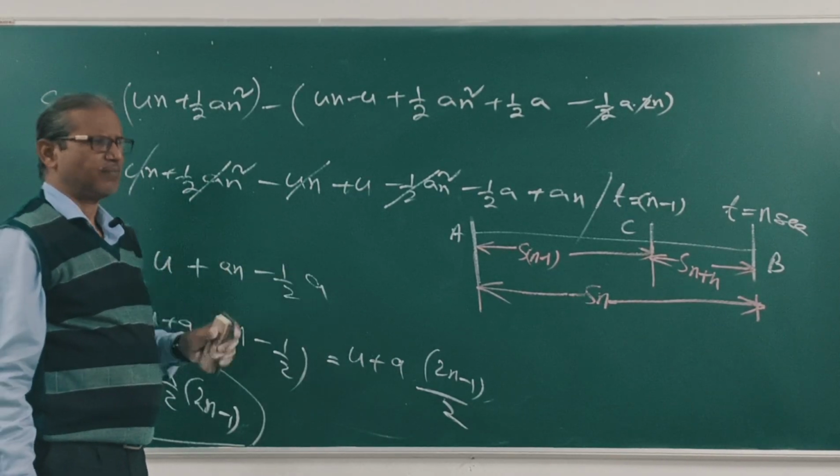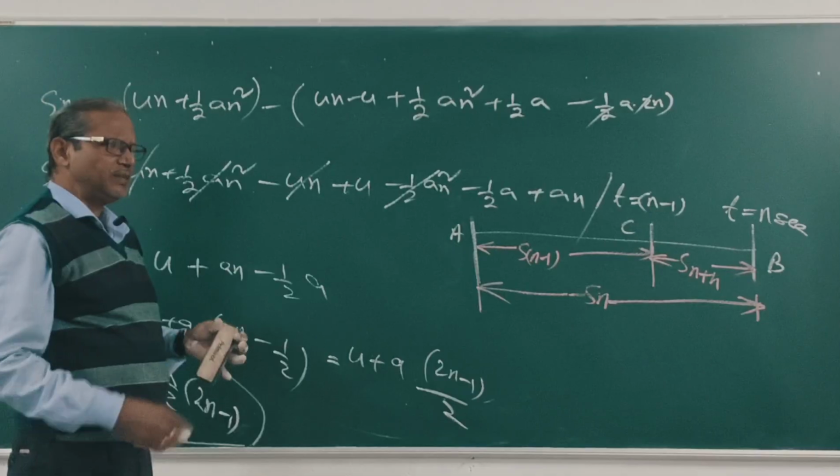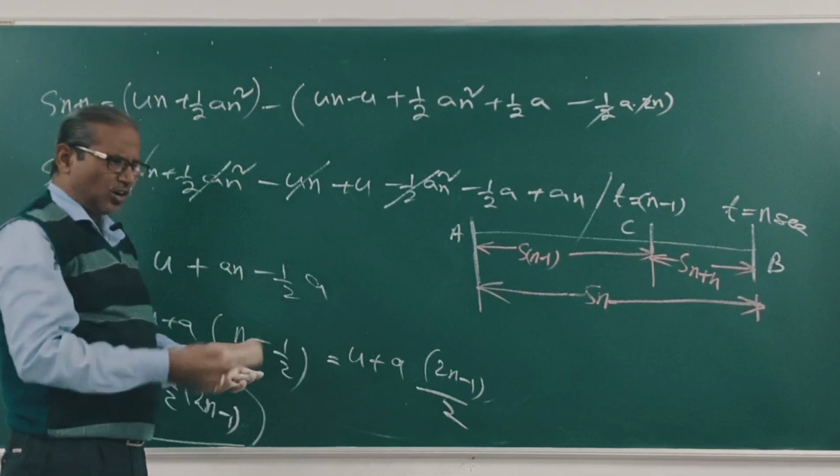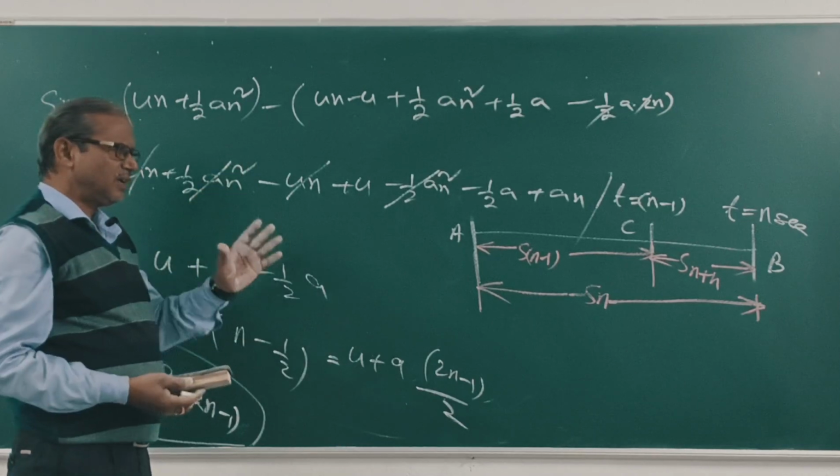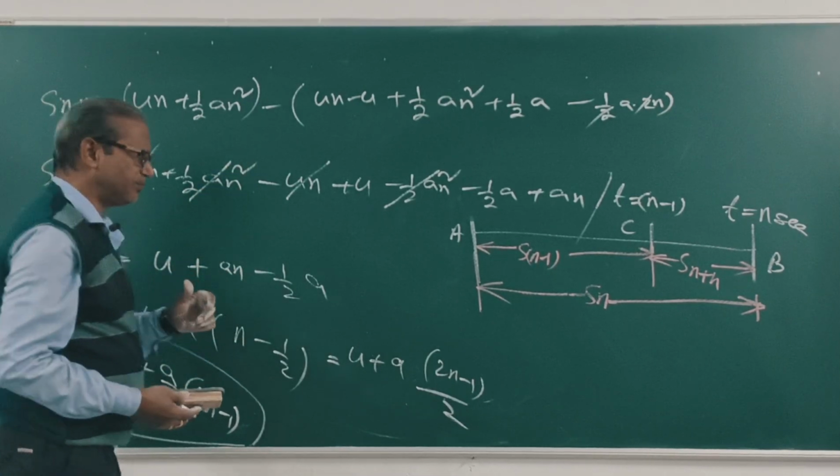with uniform acceleration. Now, when the body falls from a height, or when the body rises upwards in a vertical distance, then what is the equation of motion?